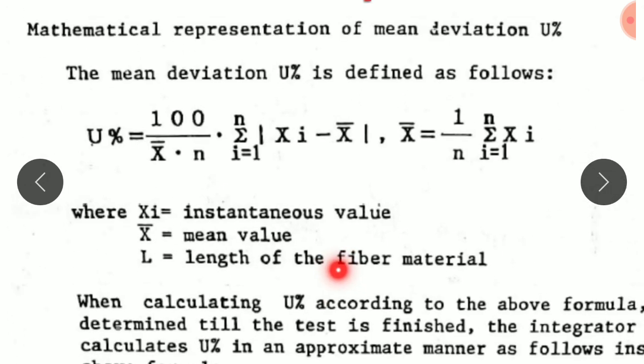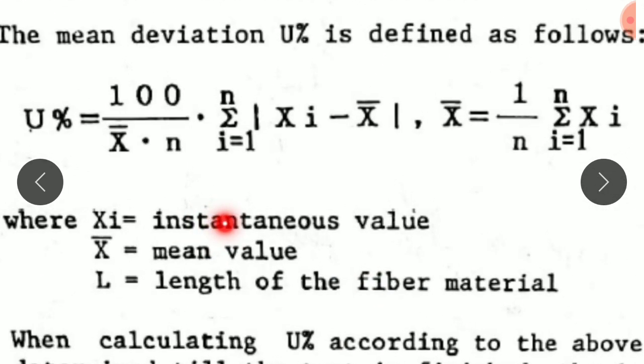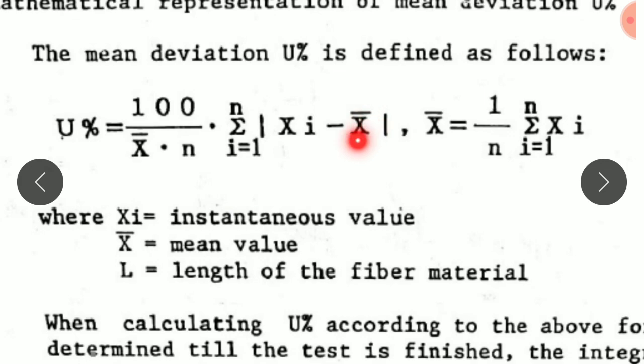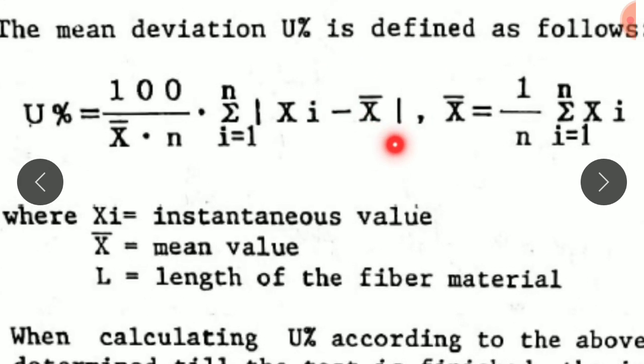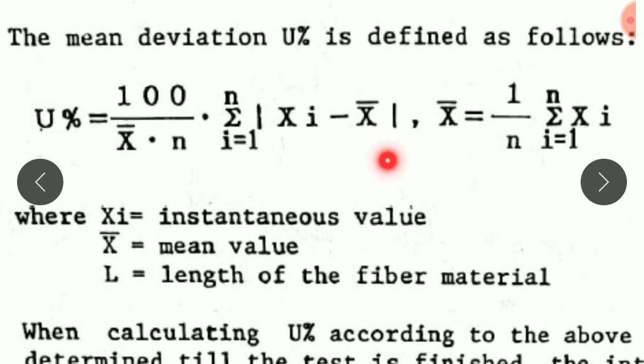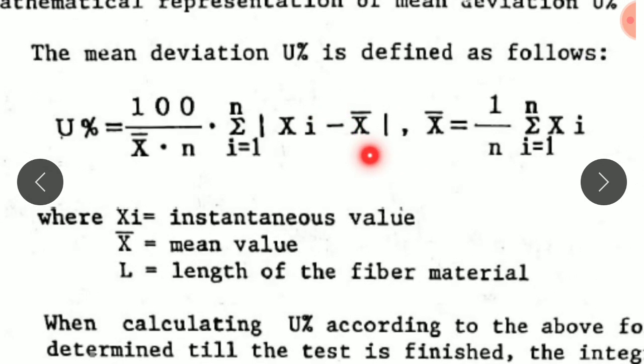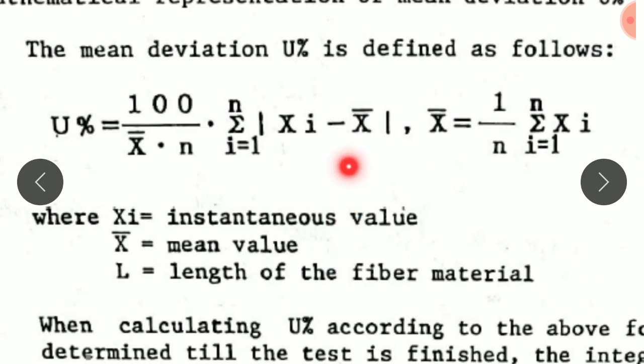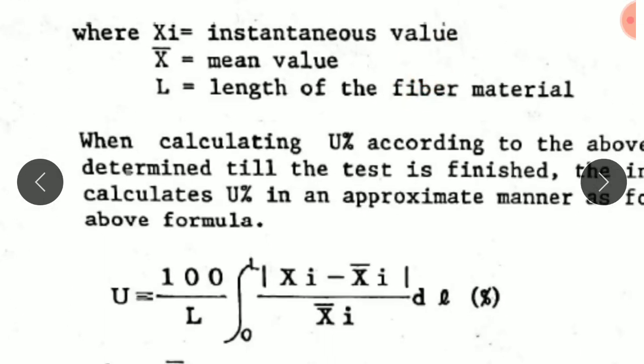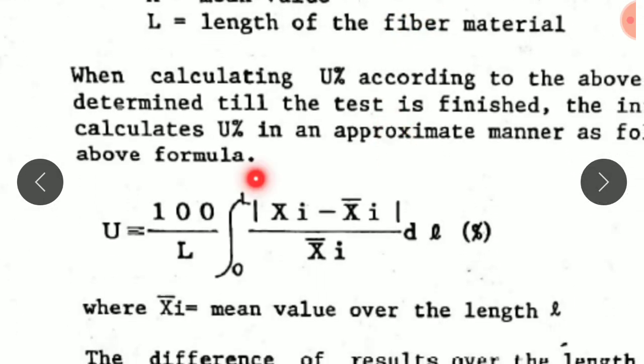Since in the equation X bar, your final mean value can be determined only after completion of the test. However, what happens? The instrument displays continuously the value of the U percent.